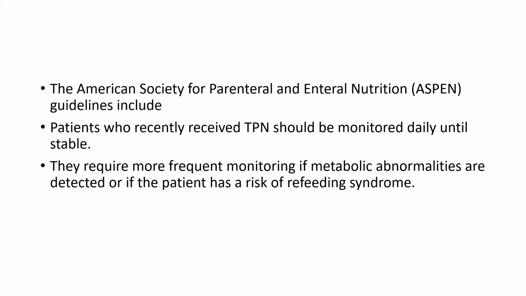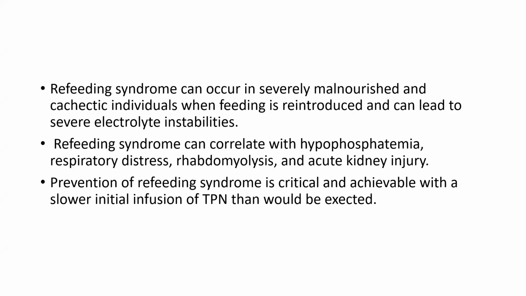The American Society for Parenteral and Enteral Nutrition guidelines include that patients who recently received TPN should be monitored until stable. They require more frequent monitoring if metabolic abnormalities are detected or if the patient is at risk of refeeding syndrome. Now, refeeding syndrome can occur in severely malnourished and cachectic individuals when feeding is reintroduced and can lead to severe electrolyte abnormalities.